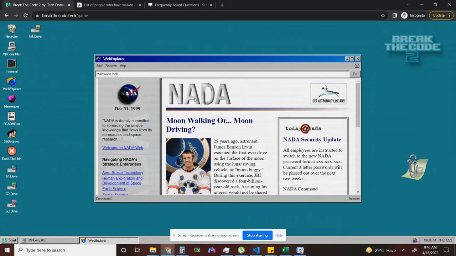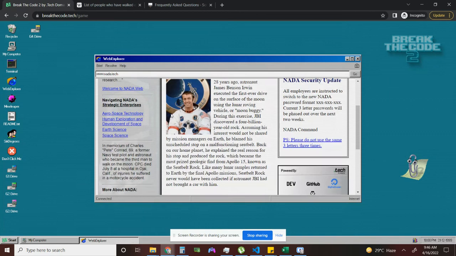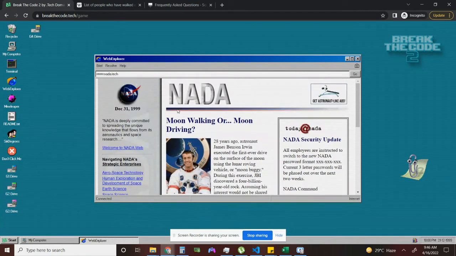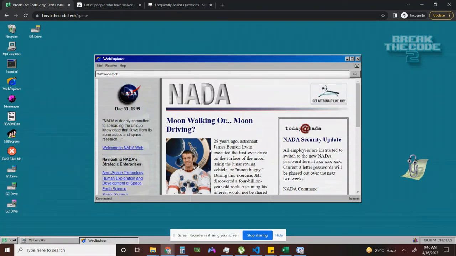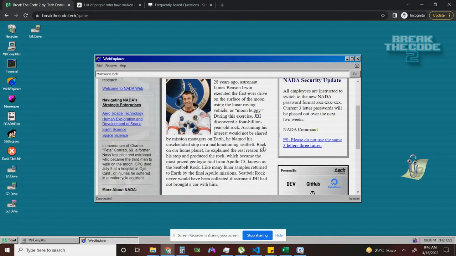on this web page. So I found this web page personally quite interesting. It was from 1999, and it told us a little about the people who first landed on the moon. It talked about James Benson Irwin.